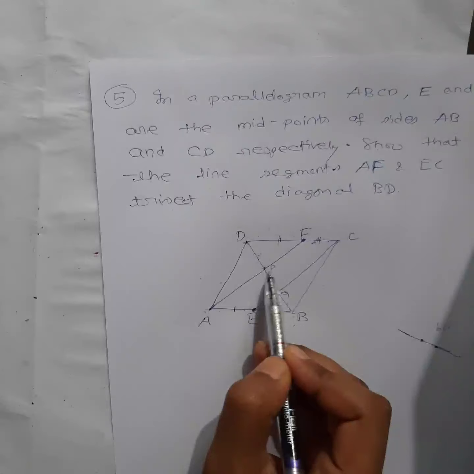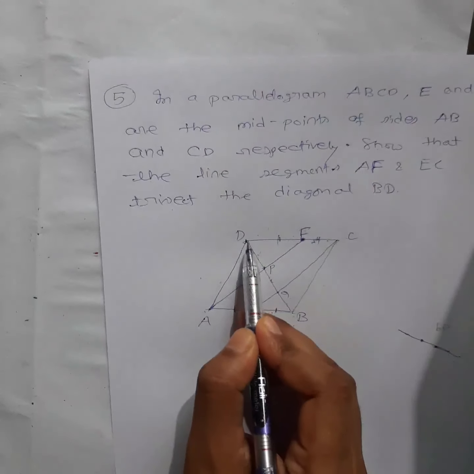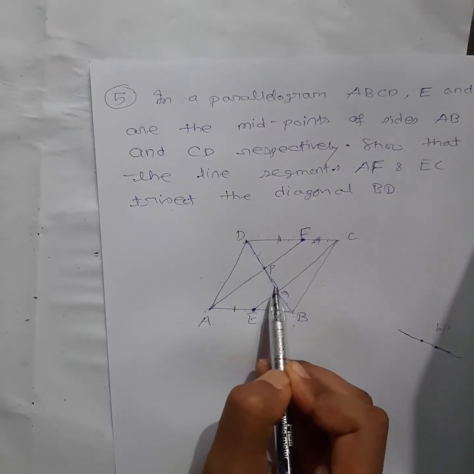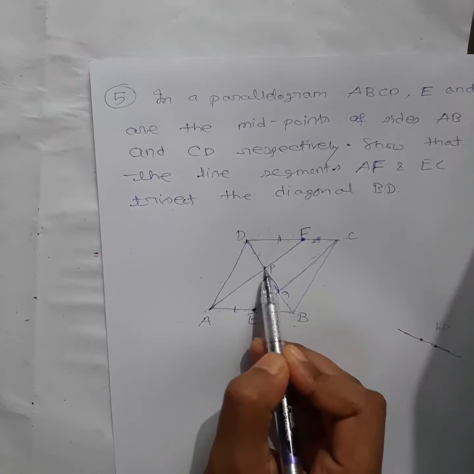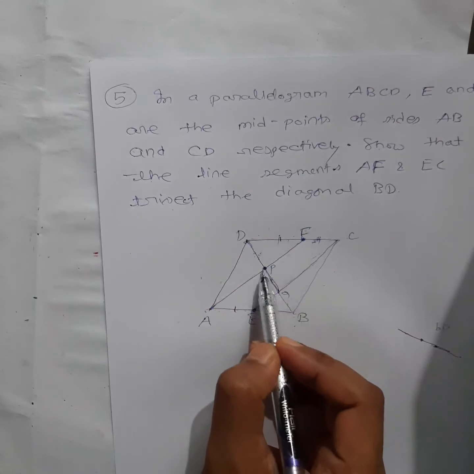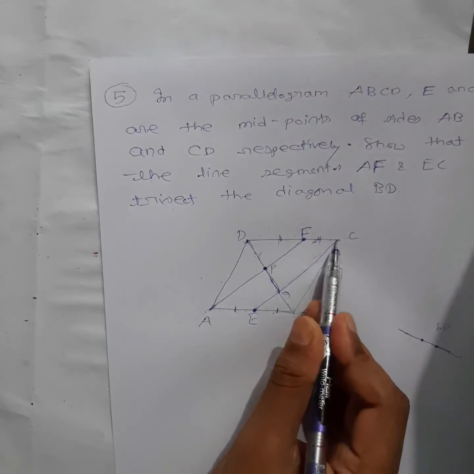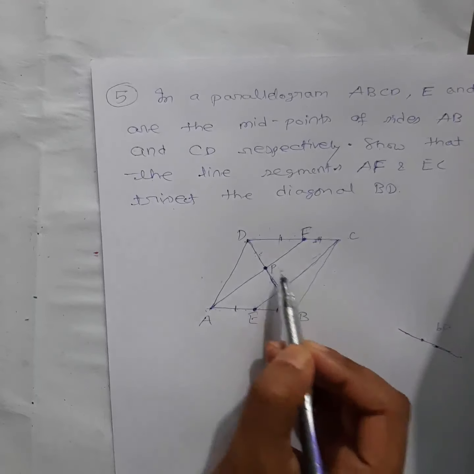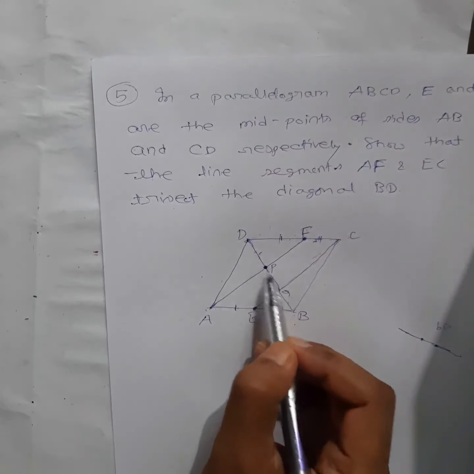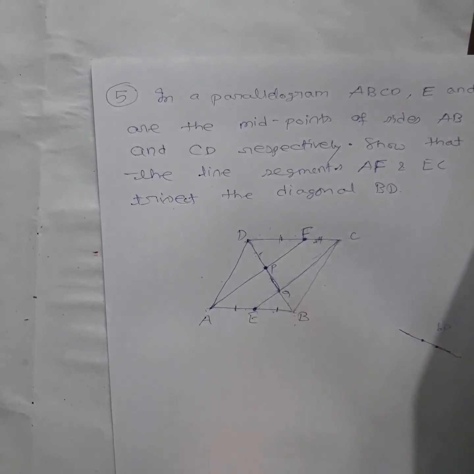Now you can see information you have, this line, it's falling under this triangle, you can see. Okay, and to show this and this equal, I just have to show this is the midpoint. So remember midpoint theorem. In this triangle, can I use midpoint theorem and can show that this is midpoint? If I can show this is midpoint, my problem solved. This and this equal, I will understand.